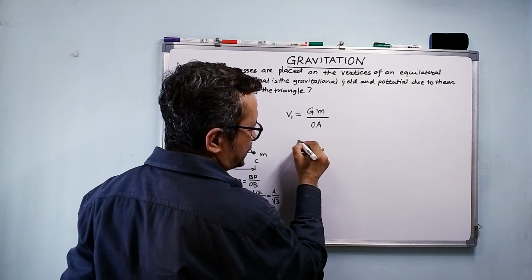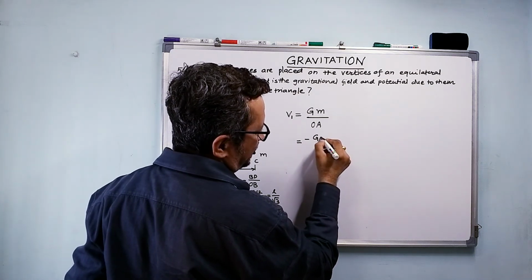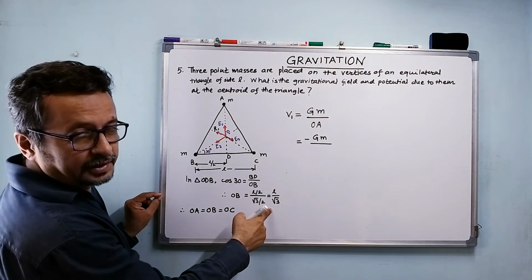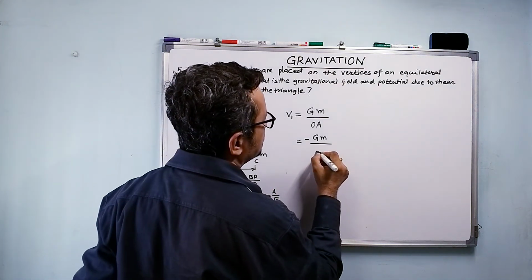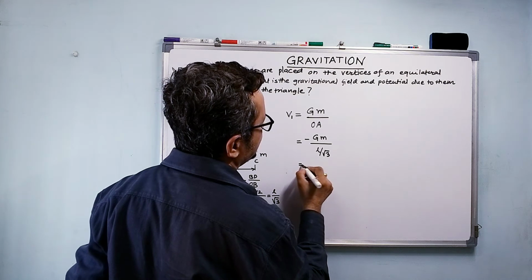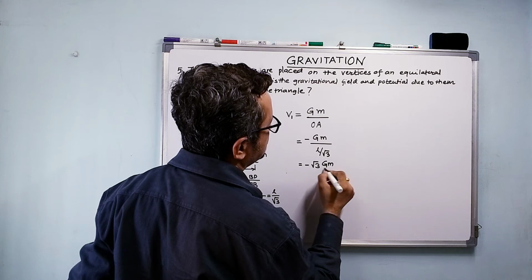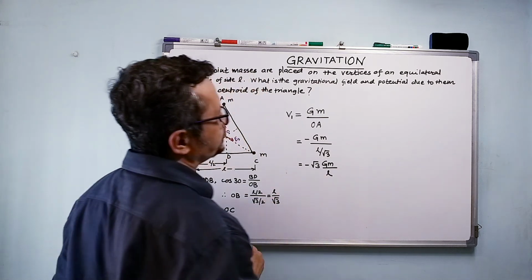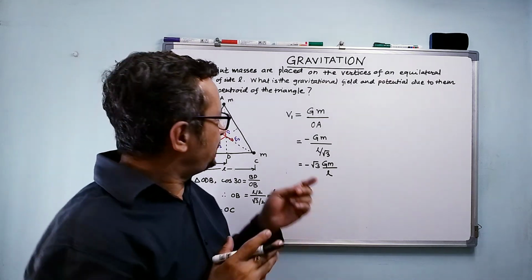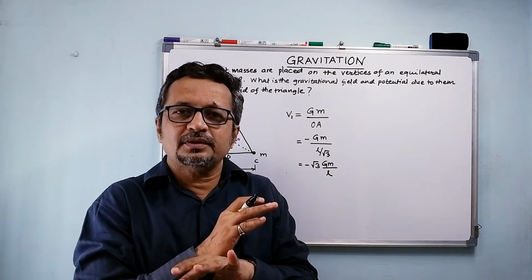So the magnitude of each is going to be equal to minus G m upon, what is this, OA and OB and OC? It is L by root 3. Correct. So it is going to be minus root 3 Gm upon L. Now my effective potential due to all the three masses is going to be equal to the scalar sum.